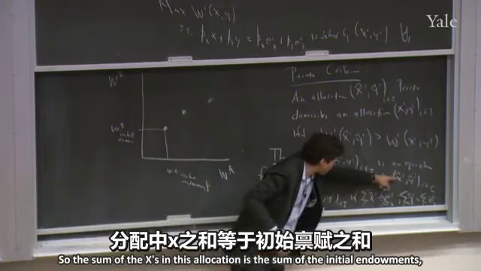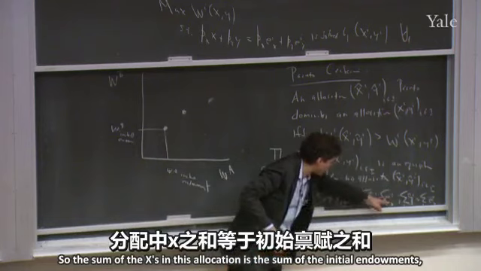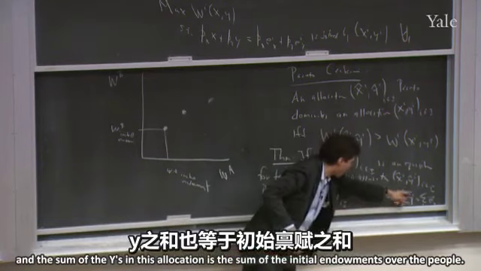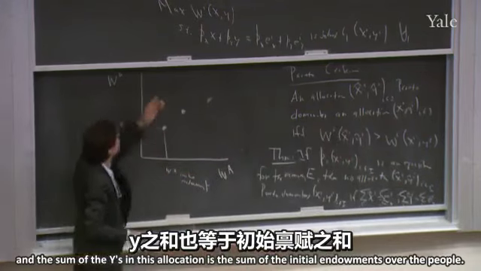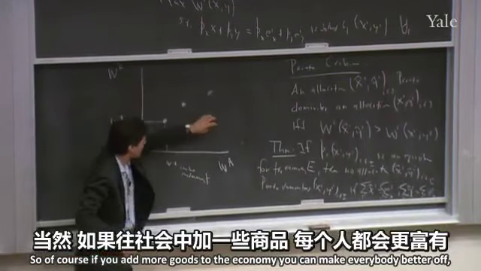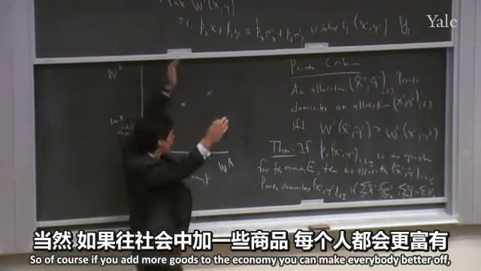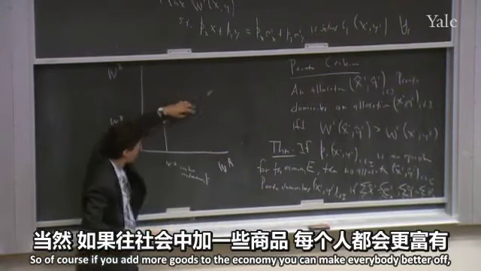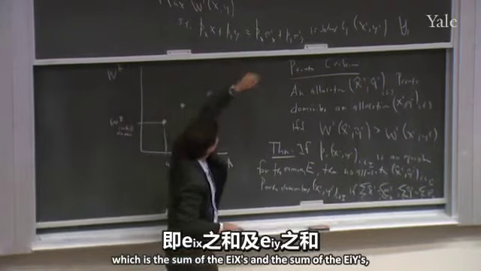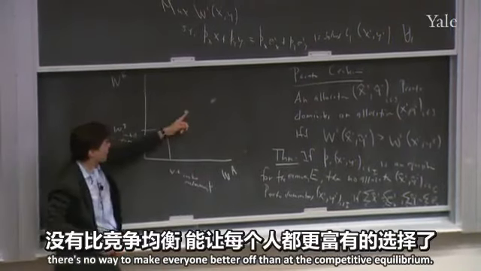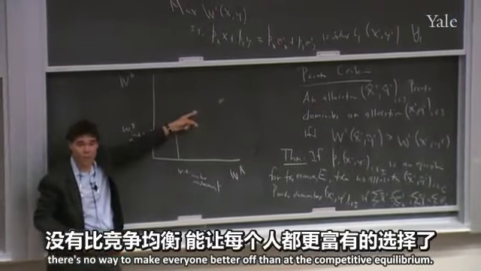So the sum of the x's in this allocation is the sum of the initial endowments, and the sum of the y's in this allocation is the sum of the initial endowments over the people. Of course, if you add more goods to the economy, you can make everybody better off. But using the existing goods in the economy, which is the sum of the EIX's and the sum of the EIY's, there's no way to make everyone better off than at the competitive equilibrium.